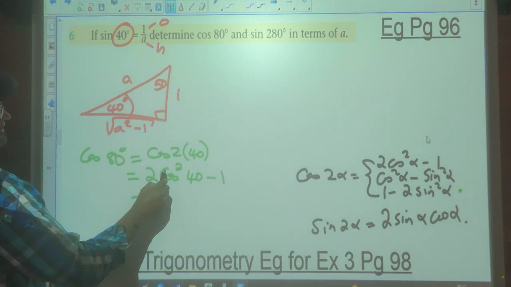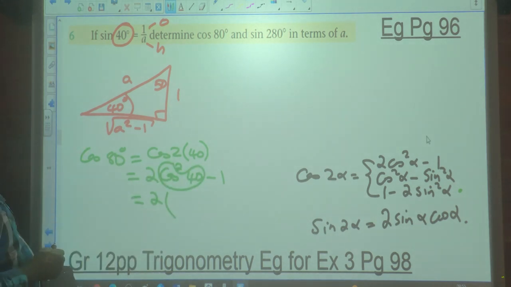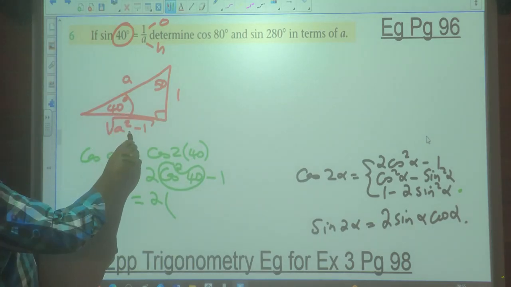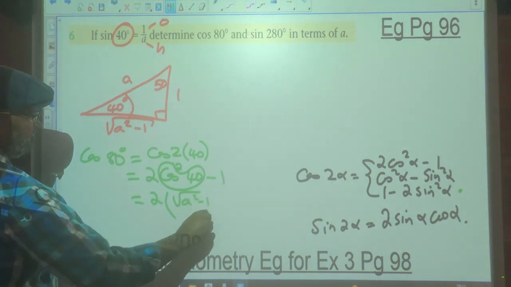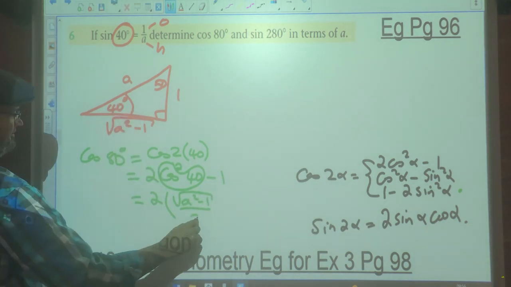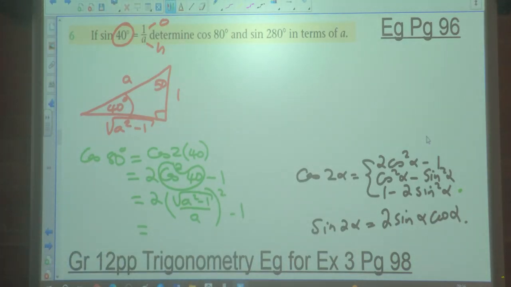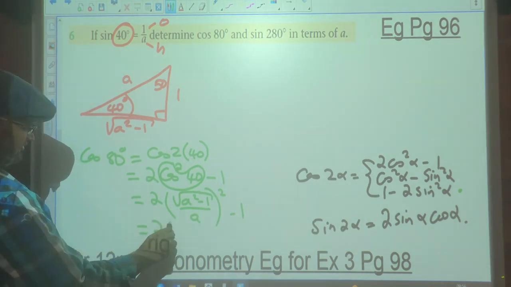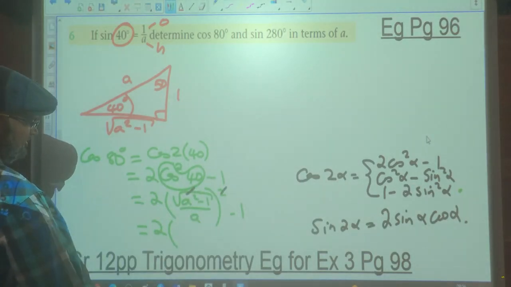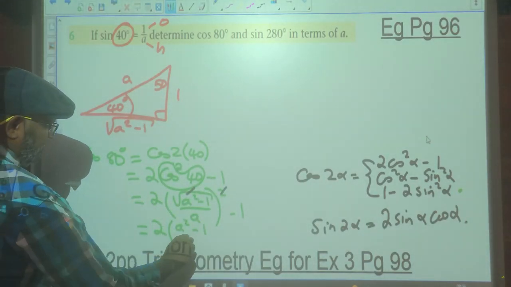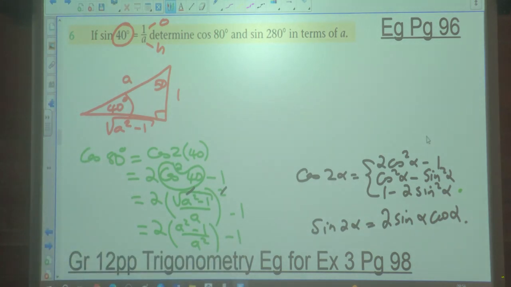So what is cos of 40? What does cos stand for? Adjacent over hypotenuse. So it's going to be the square root of a squared minus 1 over a. So this will be 2 into the square root of a squared minus 1 over a, squared. The square root and the square will cancel, so it's going to be a squared minus 1 over a squared, minus 1.